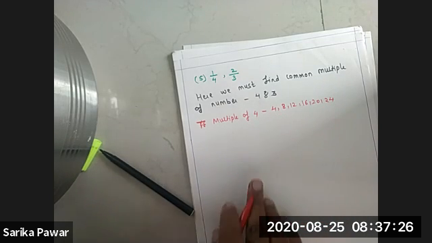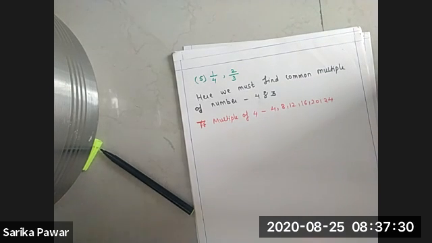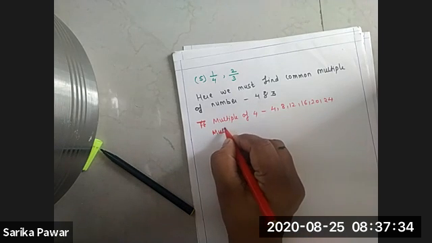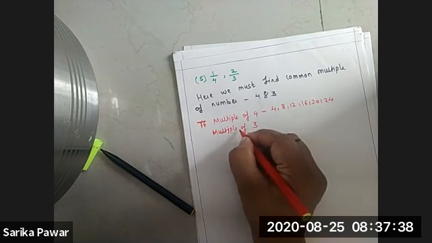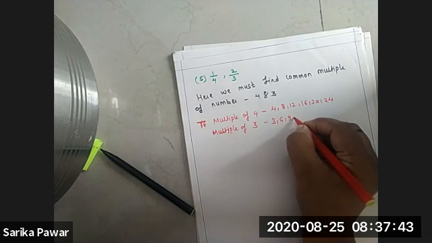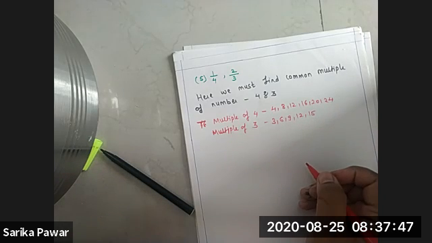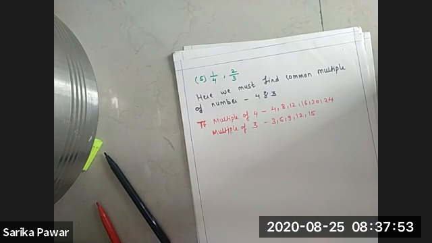In the same way you have to write the table of 3: 3 ones are 3, 3 twos are 6, 3 threes are 9, 3 fours are 12, 3 fives are 15. Like that you have to write down the table of 3. Now find out the common multiple among them.